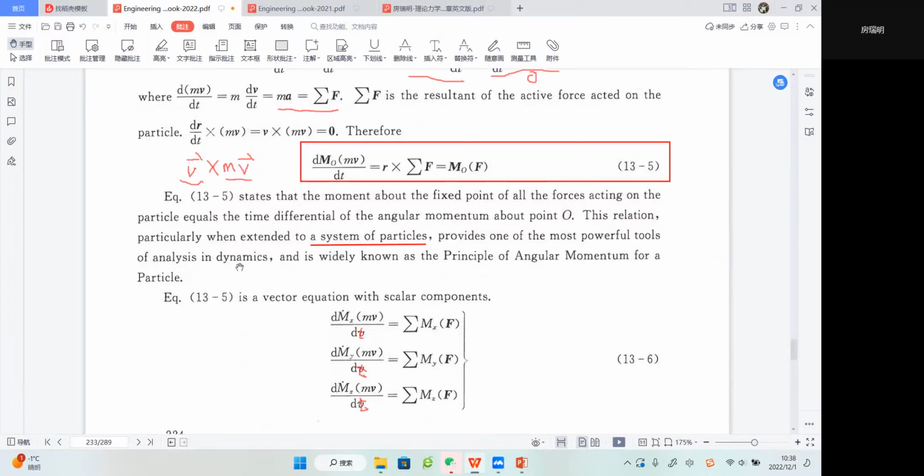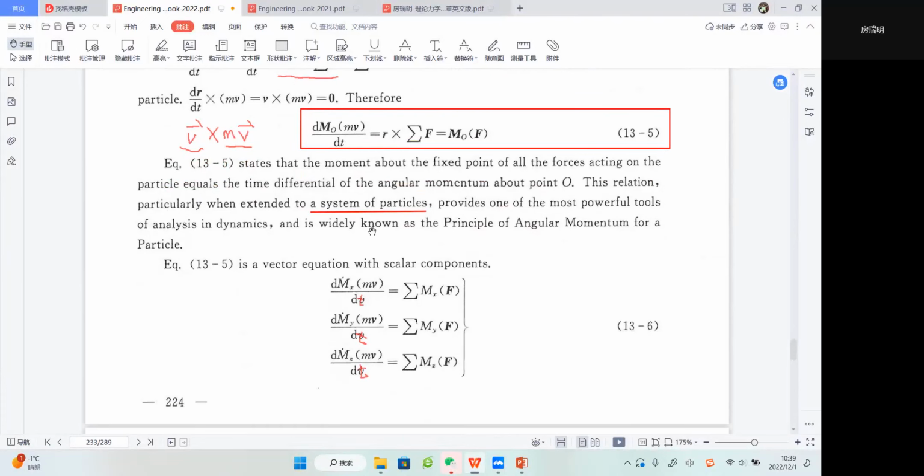Our final destination is to do the dynamic analysis for a body system. We should find the relationship between all the external forces and moments and the kinematic information of the whole system, right? It is widely known as the principle of angular momentum for a particle.